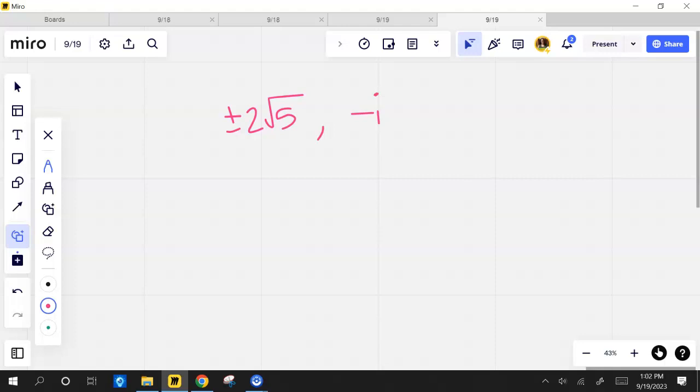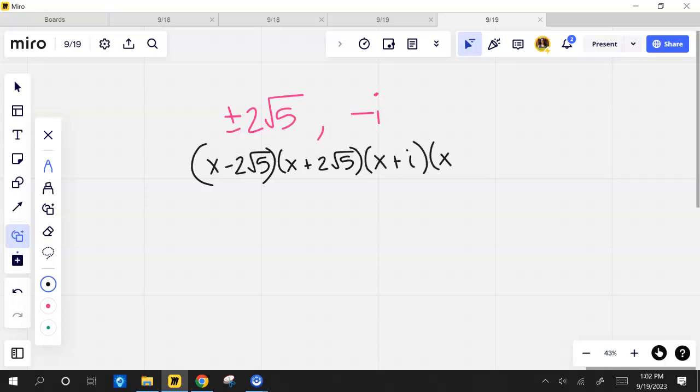No. One of the factors, linear factors. The degree is 4. Why? Is that a factor? That's just x minus 20, x plus 20.